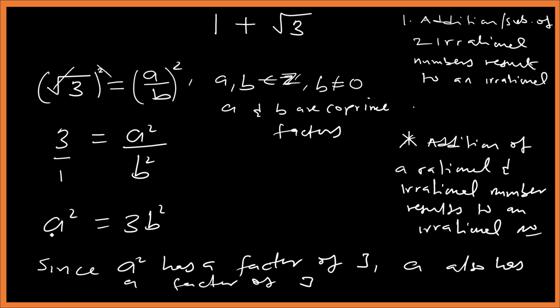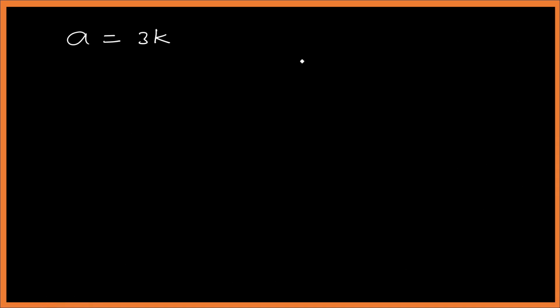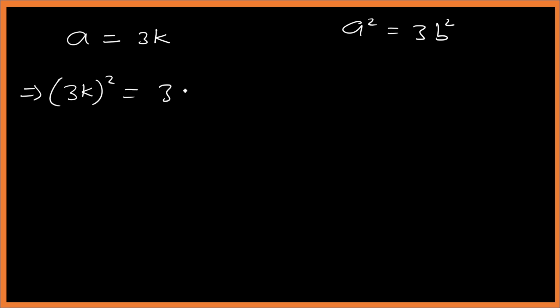All right, so remember we have a squared equals 3b squared. So let's do substitution as we plug in a here. So we have a, that is 3k, all squared equals 3b squared.